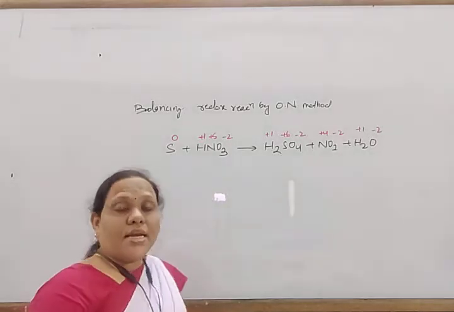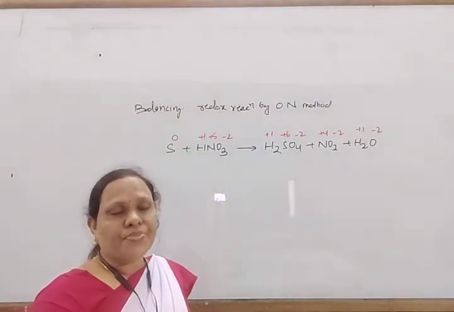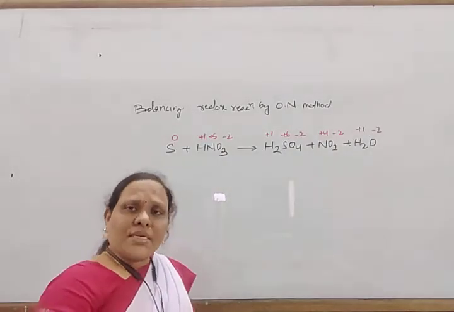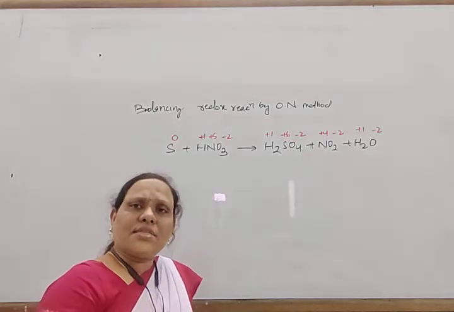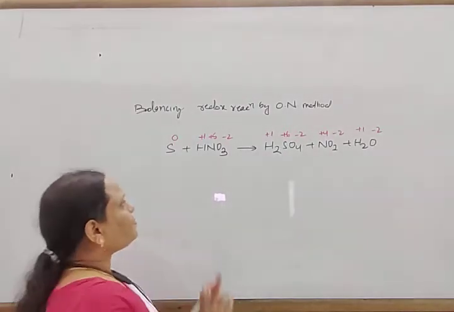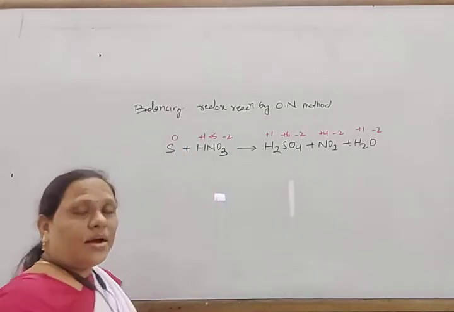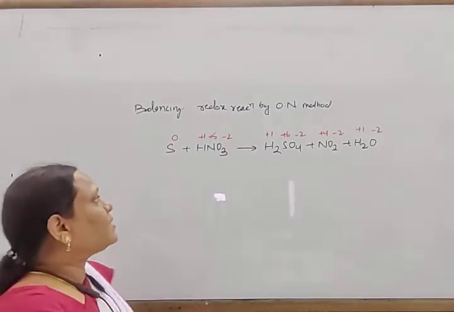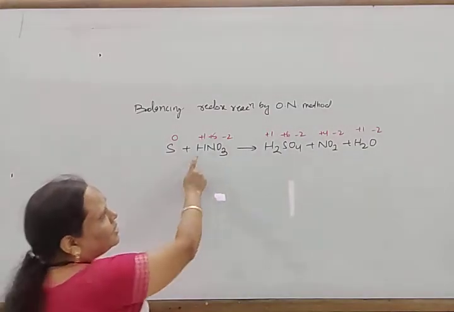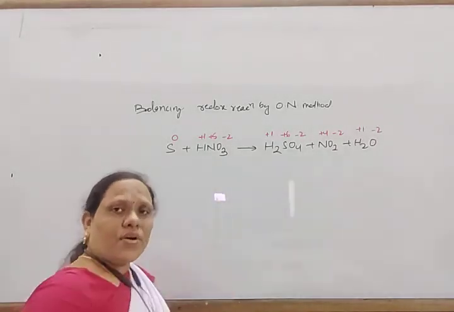Next, look at in which case there is loss and gain of electrons. Balance hydrogen and oxygen last of all. Look here: hydrogen has +1 in all cases, oxygen has -2 in all cases.